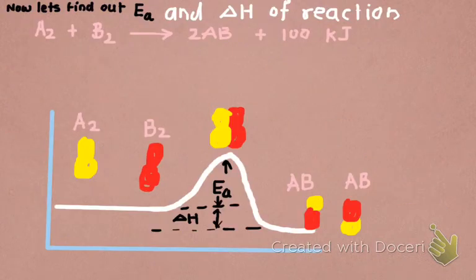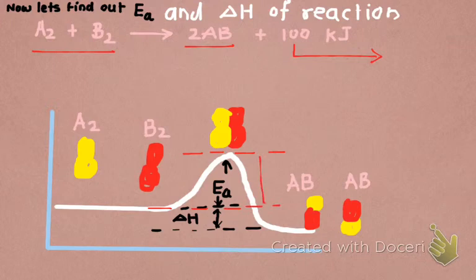Now let's find out the energy of activation and change in enthalpy or heat of reaction. Suppose A2 reacts with B2 giving us the product 2AB, and release of energy which is 100 kilojoule. So the energy of activation is as represented in the graph, this one.